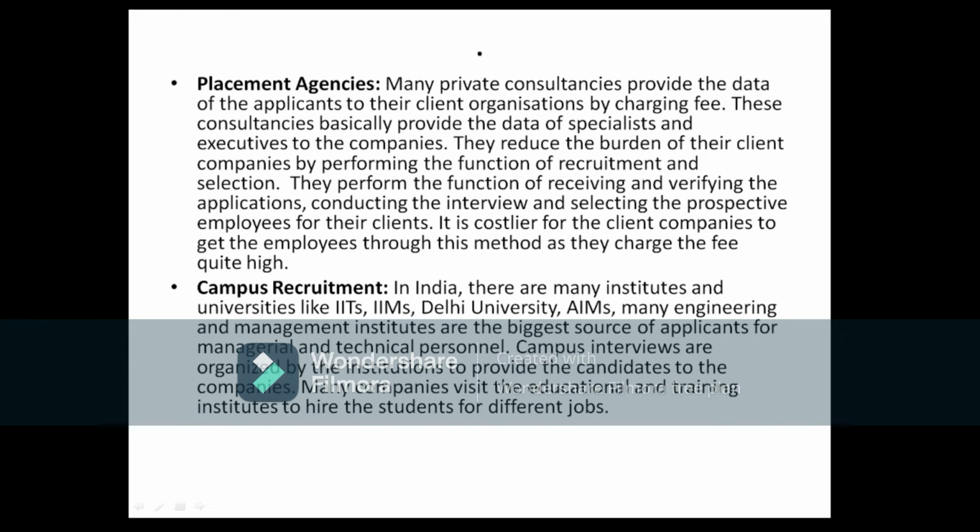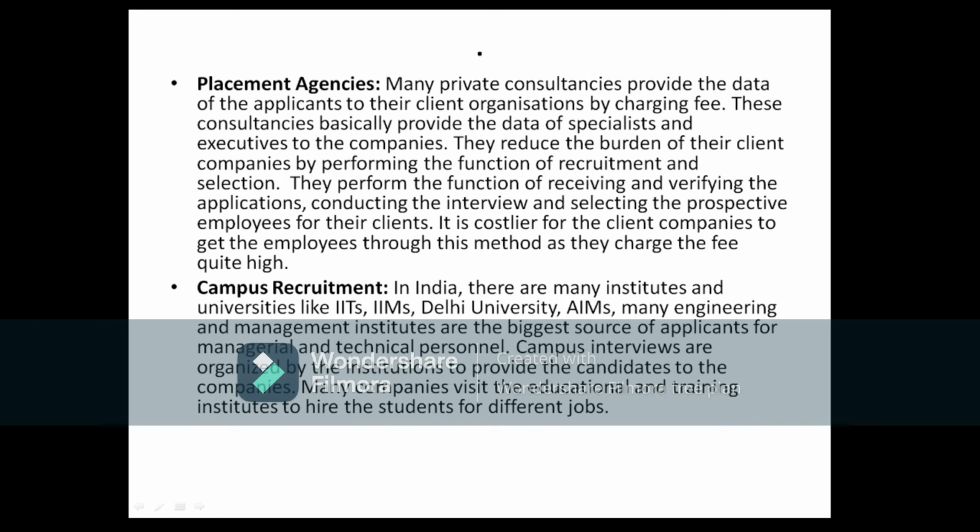Now, why do the companies approach the campuses? Because at the initial stage, the students also wait for the right platform from where they can start their career, and the company, at a low salary, gets the management trainees from the management institutes.